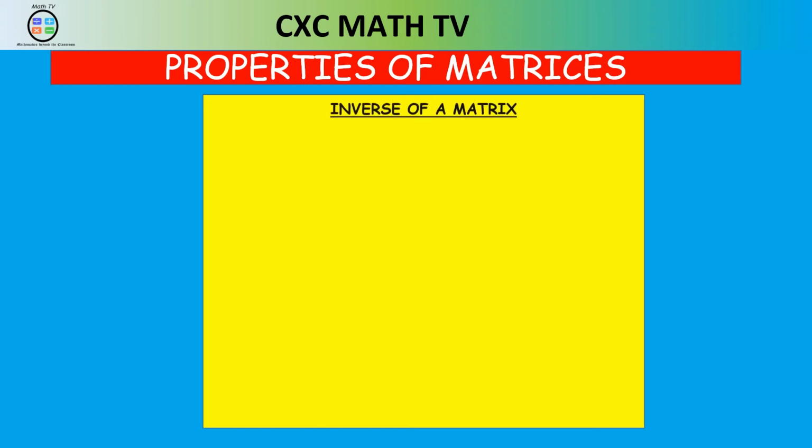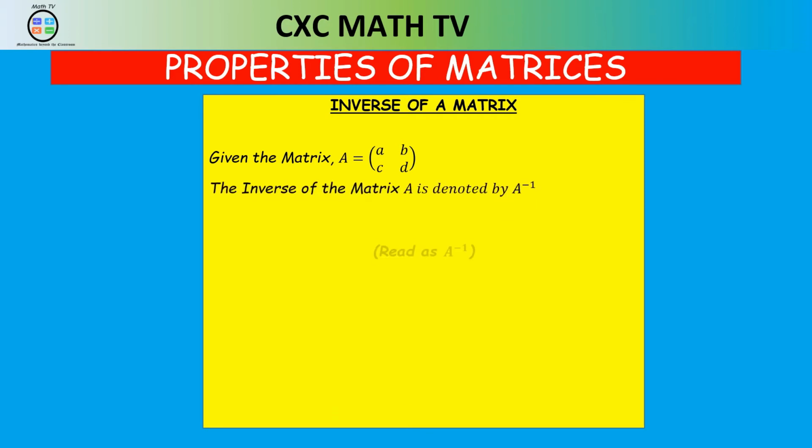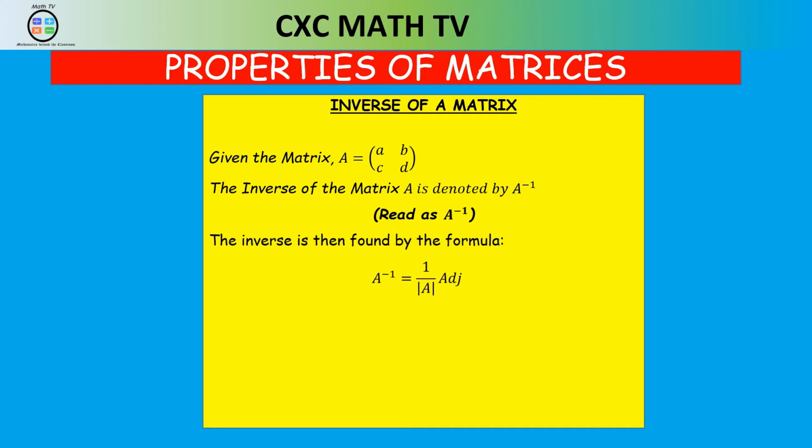And the inverse of the matrix is equal to 1 over the determinant multiplied by the adjoint of the matrix A. So we just learned how to find determinant and adjoint. So the inverse is 1 over the determinant times the adjoint. So it's 1 over (A times D minus B times C) times the adjoint. And we know we interchange the A and the D and multiply the B and the C by negative 1.